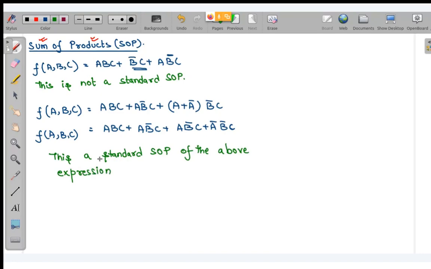Any doubts? Anyone want to ask anything? Now the most important thing: in sum of product representation, a complemented variable corresponds to 0 and a normal, uncomplemented variable corresponds to 1.